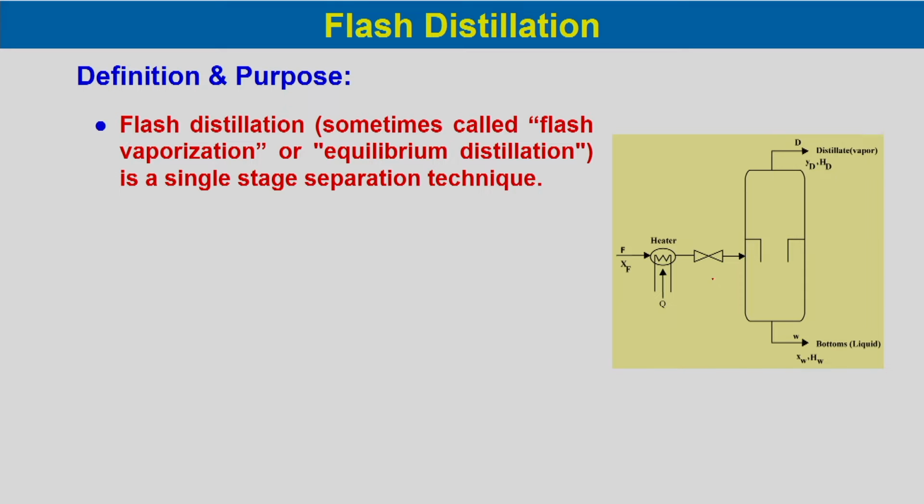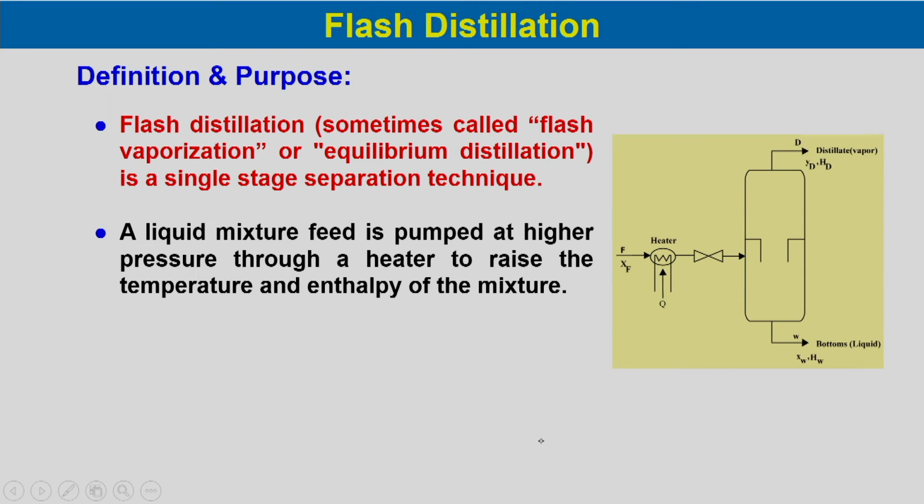In this case you have only one steel vessel, you feed into that, and you get the distillate at the top and the bottom products. What happens is, a liquid mixture, that is the feed, is pumped at higher pressure through a heater.